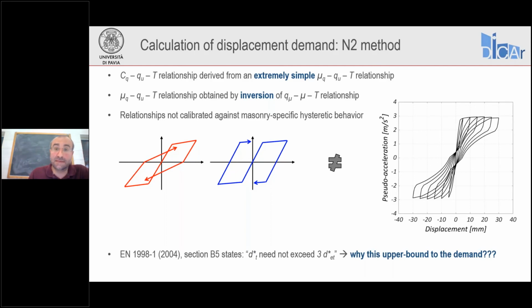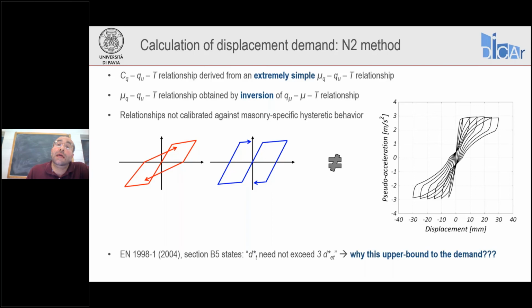Not only, but this ductility strength ratio period relationship actually came from an inversion of the opposite relationship, the one starting from a given ductility to find the possible strength ratio for a given period. So all these operations related to the formulation and derivation of the method can affect its accuracy.